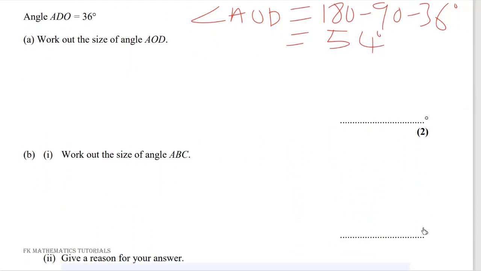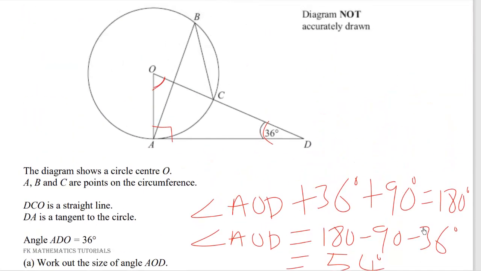We are asked to work out the size of angle ABC. Angle ABC, this angle here. So the angle at the center is 2 times this, or this angle is half of this angle.